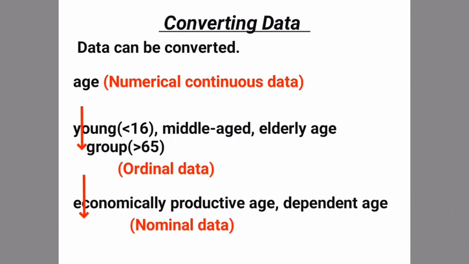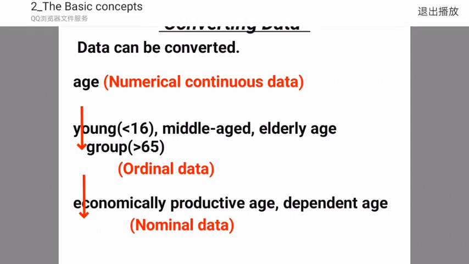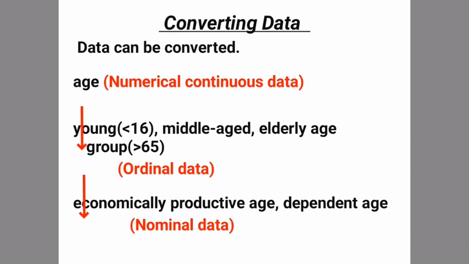So we can't convert categorical data into numerical data, because we can't get the exact age according to the age group. We just know they were in this group, but the exact age value is unknown. So the categorical data can't be converted into numerical data.